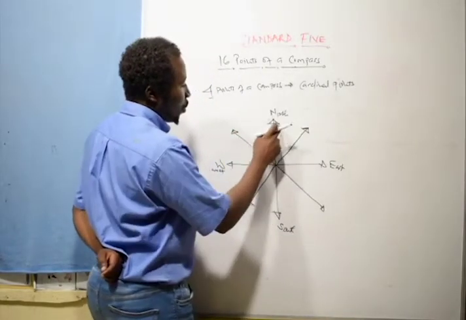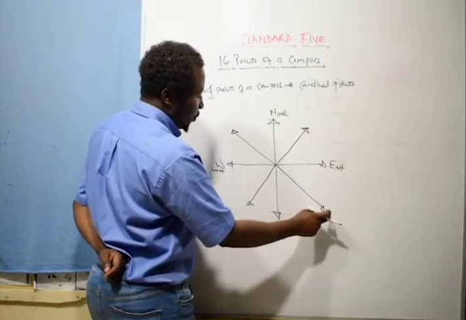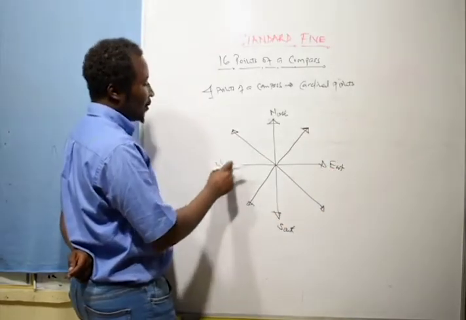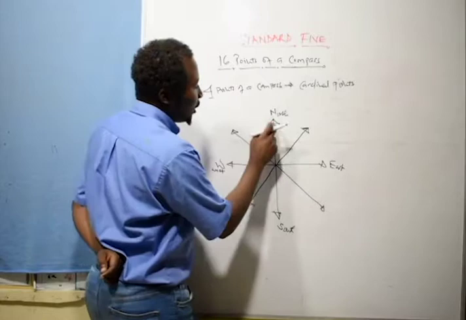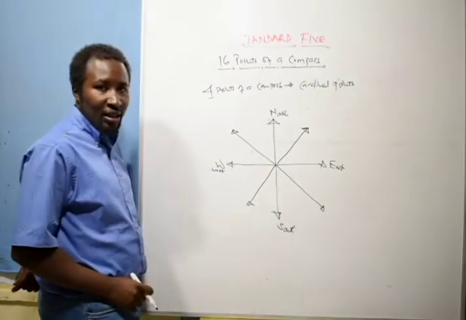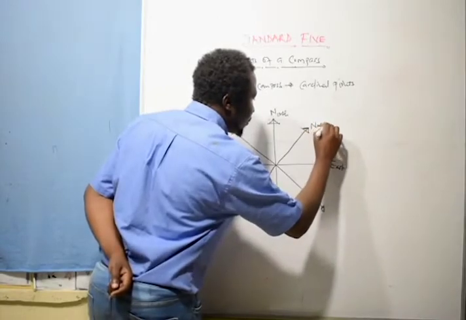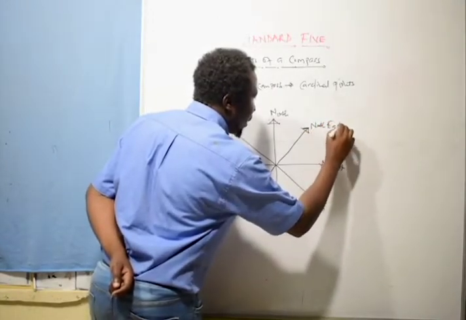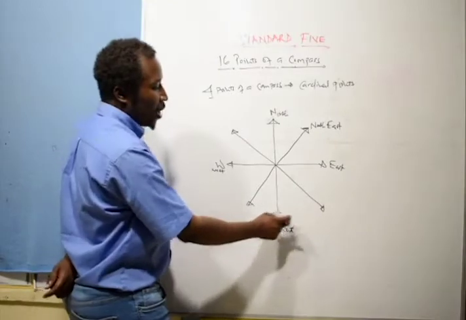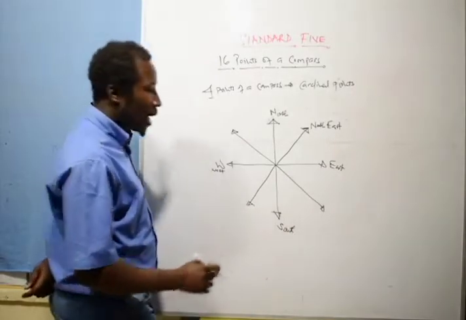Can you help me count? 1, 2, 3, 4, 5, 6, 7, 8. Now, between north and east, what is the direction? It's known as the northeast. Now, between south and east, we have what we call the southeast.